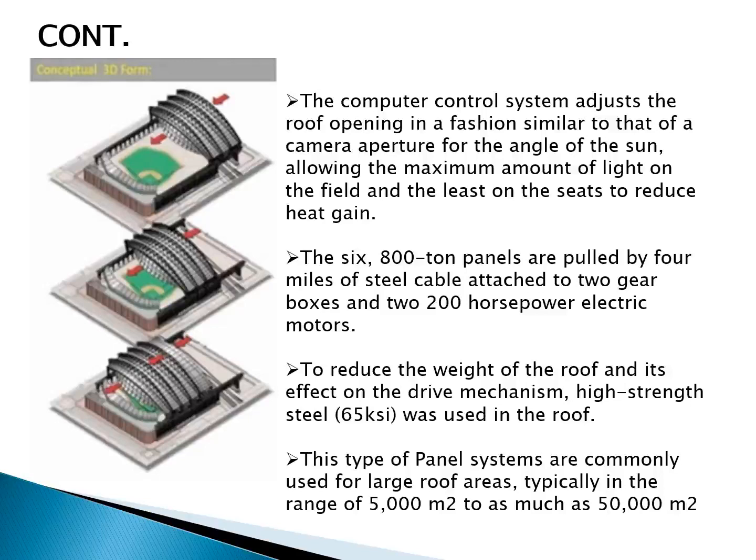The 800 ton panels are pulled by 4 miles of steel cables attached to gearboxes and 200 horsepower electric motors. To reduce the weight of the roof and its effect on the drive mechanism, high-strength steel was used. This type of panel system is commonly used for large roof areas, typically in the range of 5,000 square meters up to 15,000 square meters.